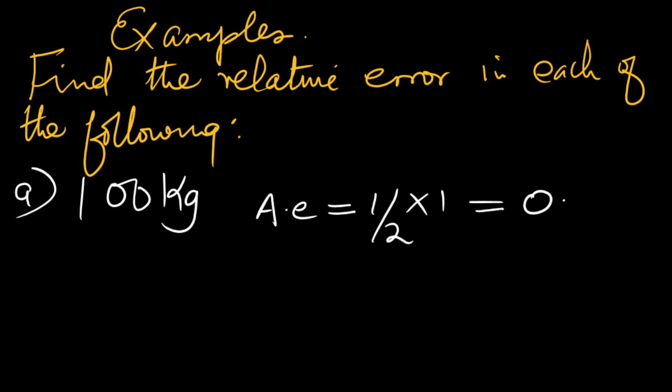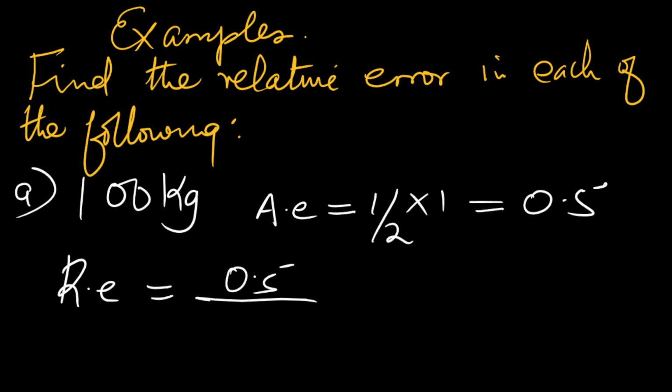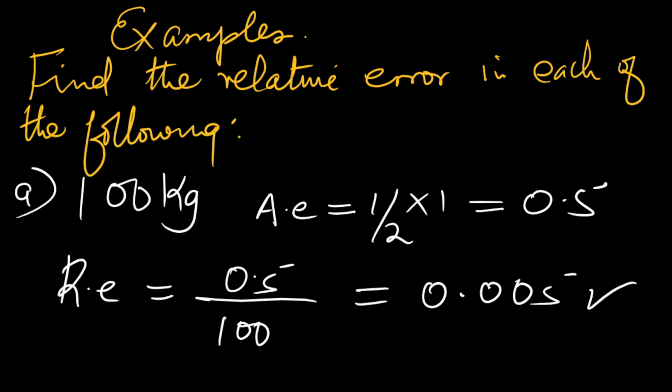So absolute error will be 0.5. Therefore, relative error is the absolute error, 0.5, divided by the actual value, 100 kg. That is the ratio, and this will give 0.005 as the relative error.